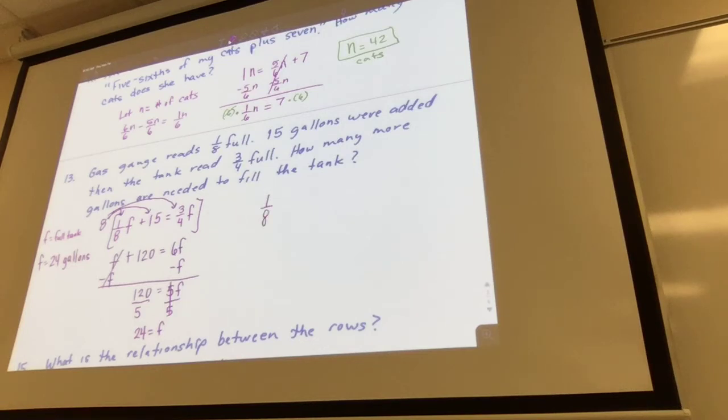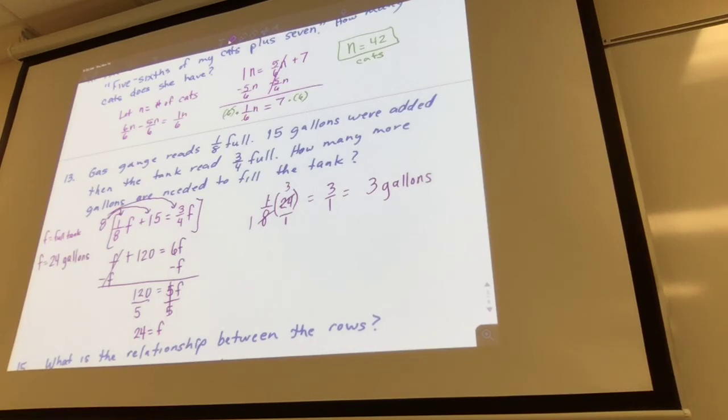So 1/8 full is 1/8 times 24, which if we put that over 1 and then reduce, divide by 8, then 1 times 3 is 3 over 1, which is just 3 gallons. Okay, 3 gallons is what you start with.